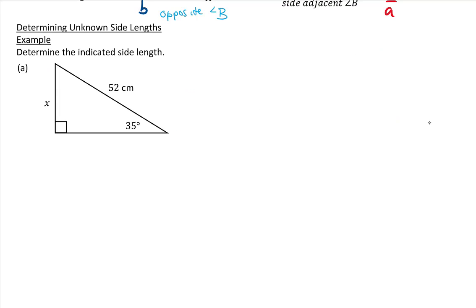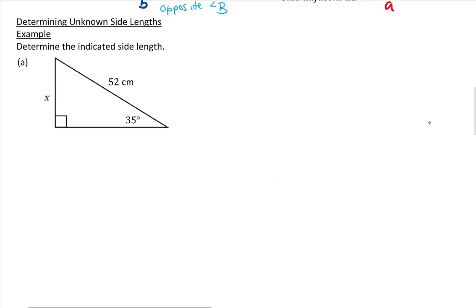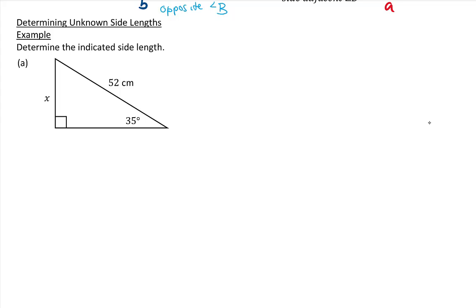Let's see how this helps us find side lengths. So determine the indicated side length. The first thing we're going to do is label our diagram. The second thing we're going to do is state an equation. And for us, that's going to be sine, cosine, or tan.